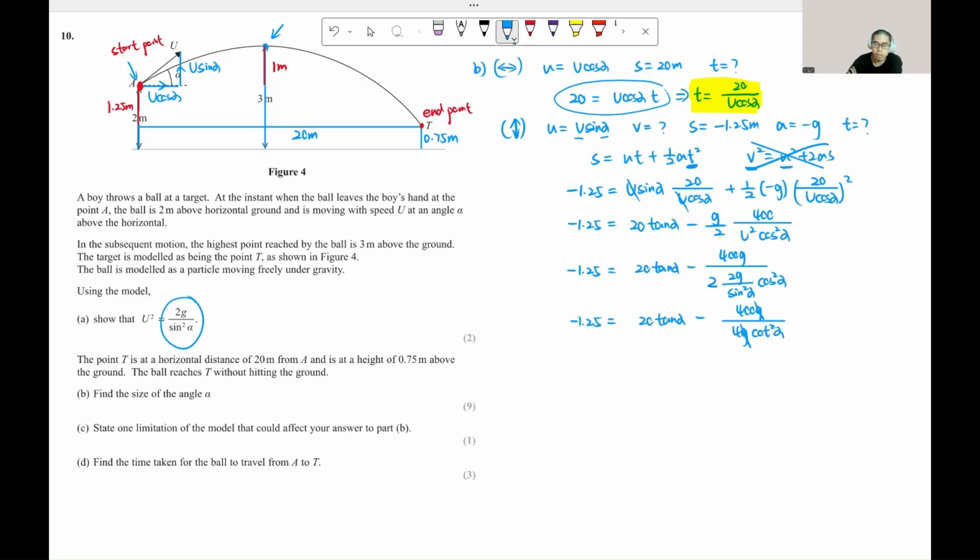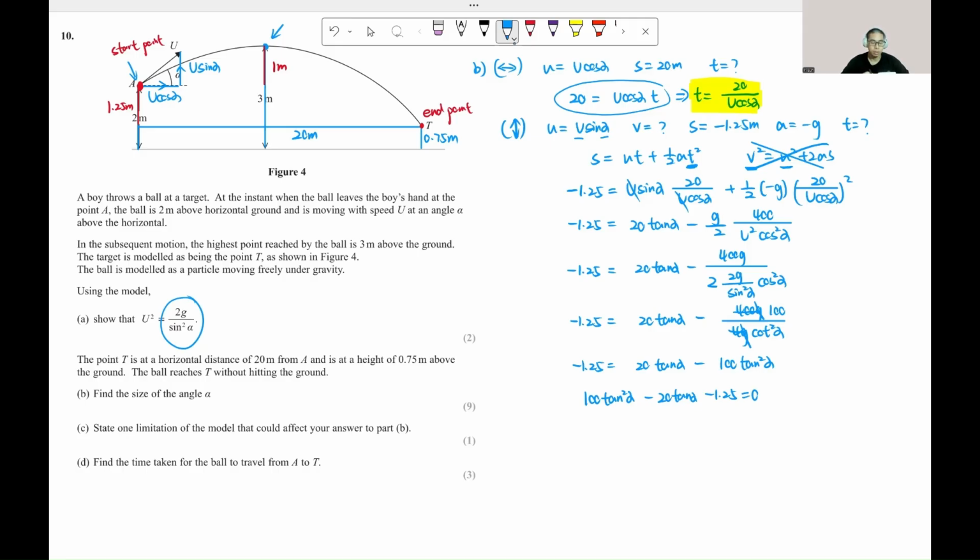And then G over G cancels out. 400 divided by 4, that's 100. And then that will be negative 1.25 equal to 20 tan alpha, and then minus 100. So 1 over cot squared alpha is equal to tan squared alpha, so we can do 100 times tan squared alpha. Putting it into the correct order, 100 tan squared alpha minus 20 tan alpha, and then minus 1.25 equal to 0.